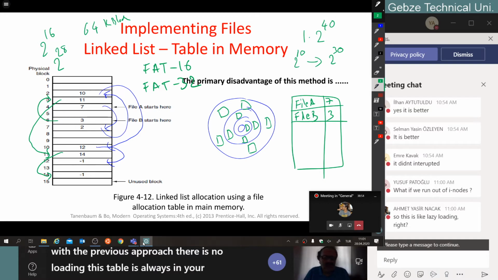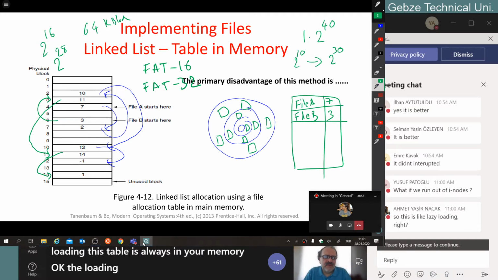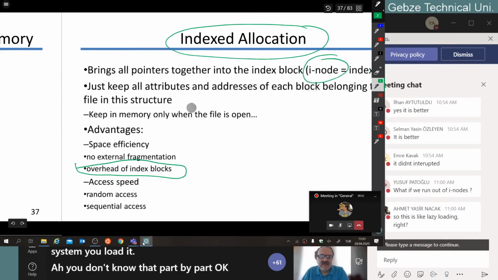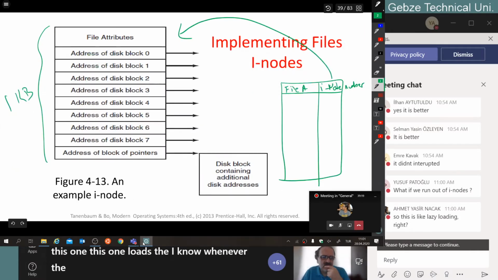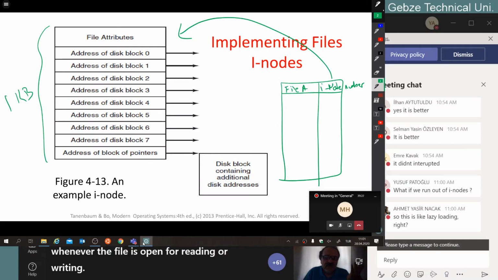The loading time is when you mount your file system, when you introduce your file system to the operating system. You don't load it part by part. But this one loads the inode whenever the file is open for reading or writing. If you like to call this lazy loading, then you can call it that way.